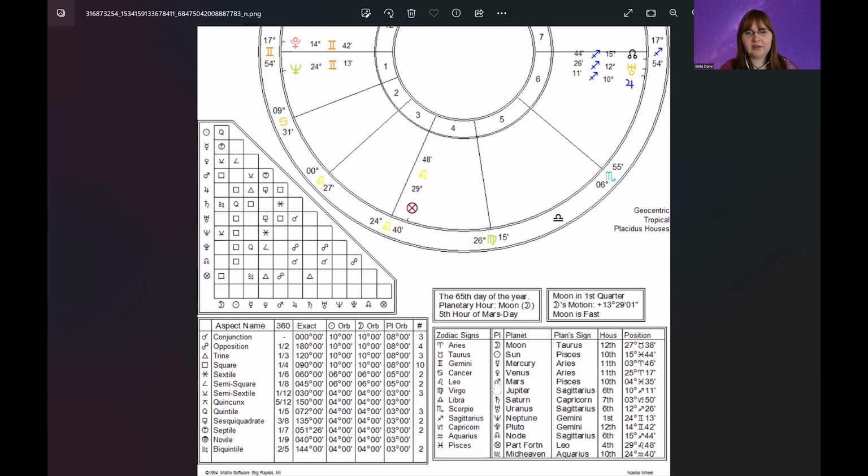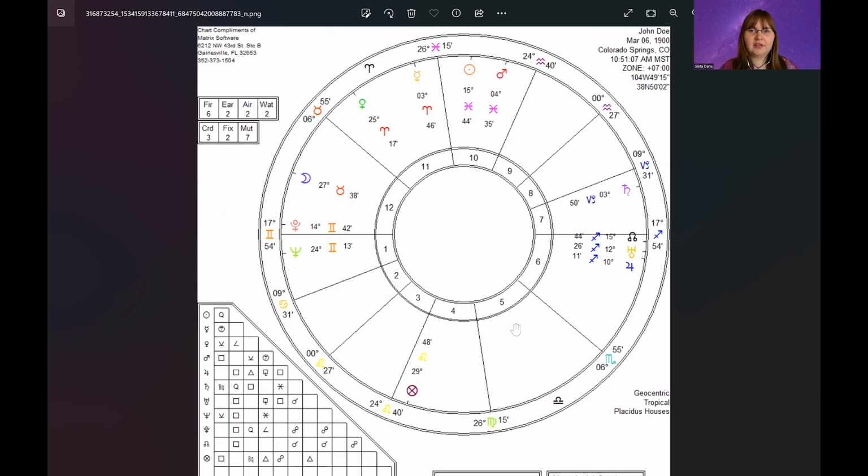And as you can see, these all go down here. So we'd also have Saturn. The Saturn's in Capricorn in the 7th house, 3 degrees, Capricorn, 50 minutes. So let's find Saturn. The Saturn's over here. The symbol of Saturn, Capricorn, 3 degrees, 50 minutes.